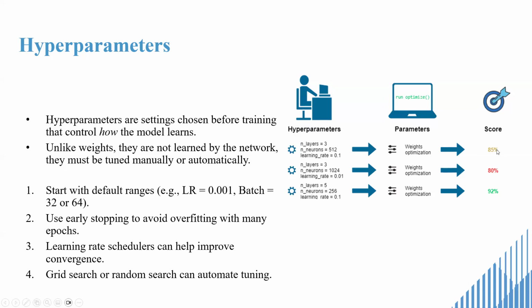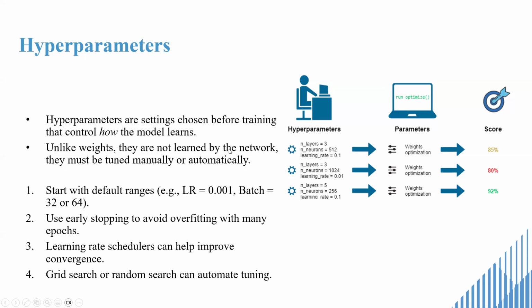It will give you 85% accuracy. But if your layers are 3 and neurons are 1224, it is 80%, and your learning rate is also 0.1. So it's up to you to tune it yourself. It's hyperparameter tuning, just based on trial and error.